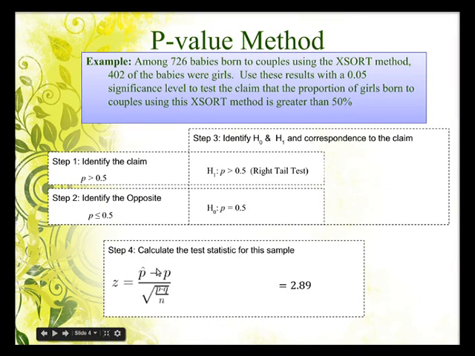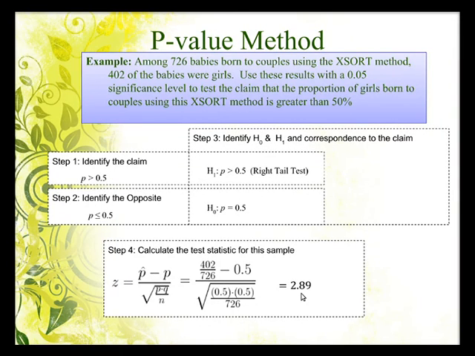P is what the population proportion would be if this X-sort method didn't work, so I'm assuming the population proportion to be 0.5. You also get that from the null hypothesis, 0.5. Again, q is 1 minus 0.5, and n in this case is 726. Plugging all this into my formula and throwing it into the calculator gets me a 2.89 test statistic.